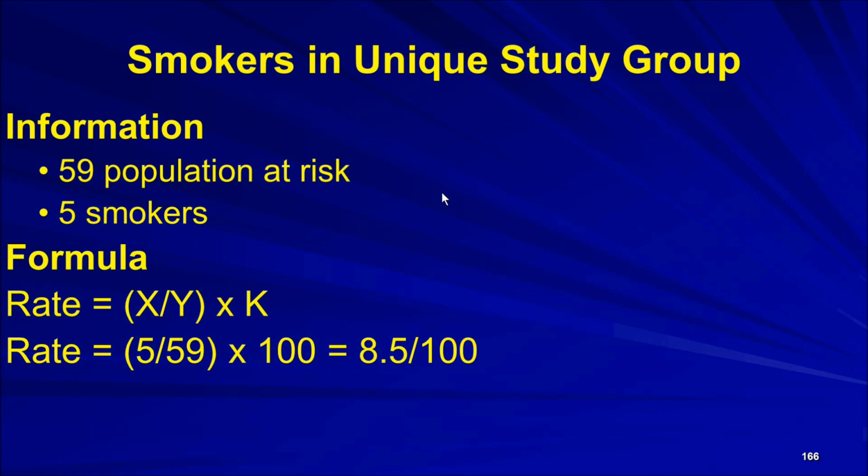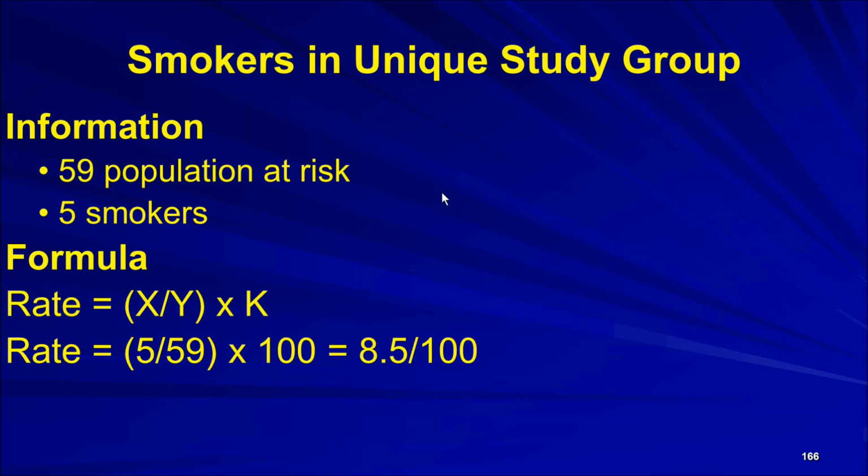We're looking at a unique study group, and this is something that you might do under any number of occasions. So we'll start here and then I'll expand your thinking as we go. So we have 59 people in the population. We have 5 people of those 59 who smoke. Okay, so those 5 smokers are embedded in those 59 people.